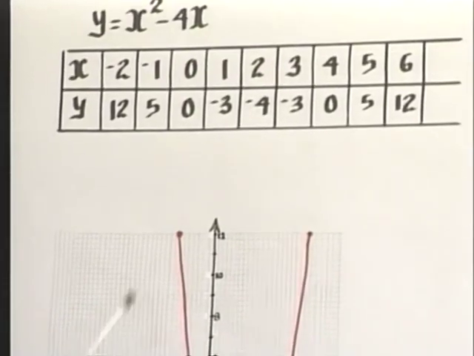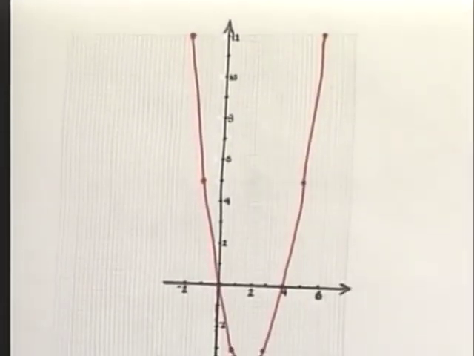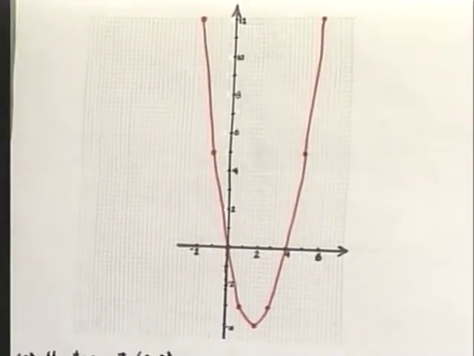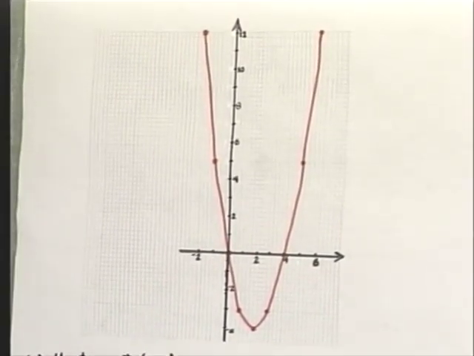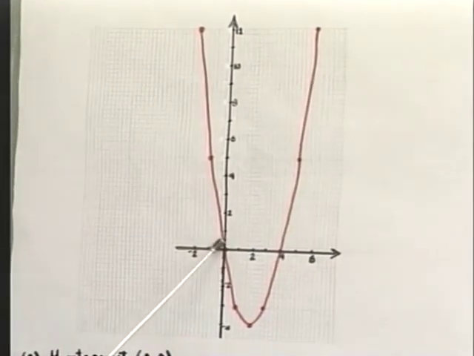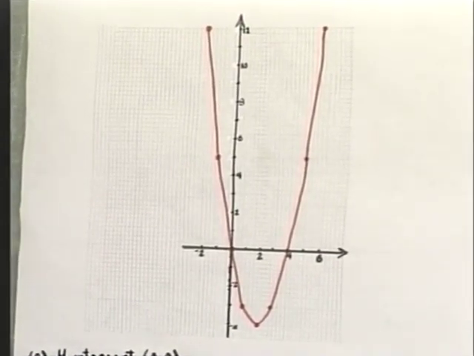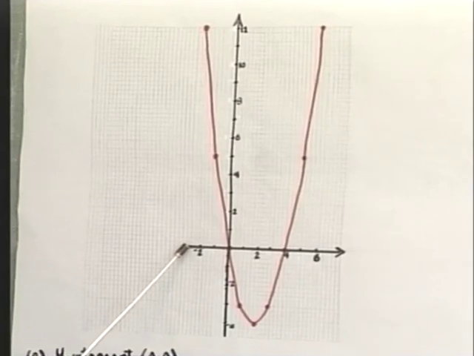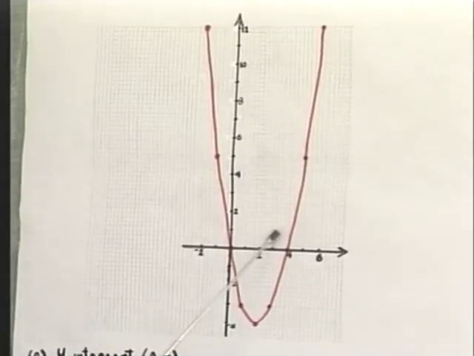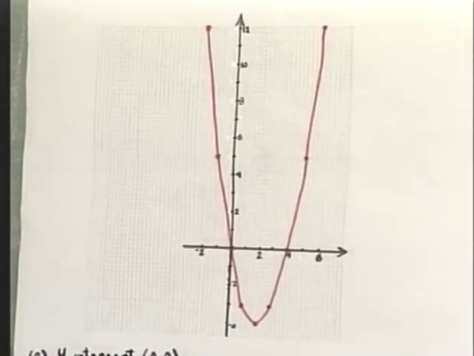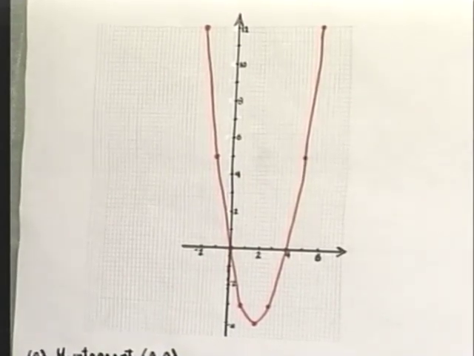And then we plotted it on a graph. The y-intercept is (0, 0). The x-intercepts are (-2, 0) and (4, 0). The turning point is (2, -4).